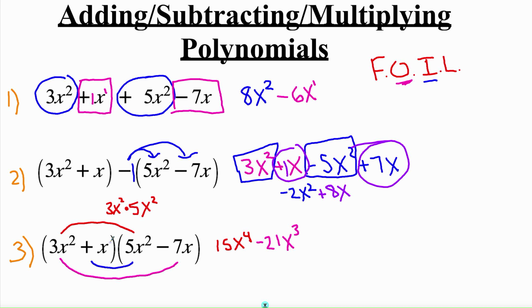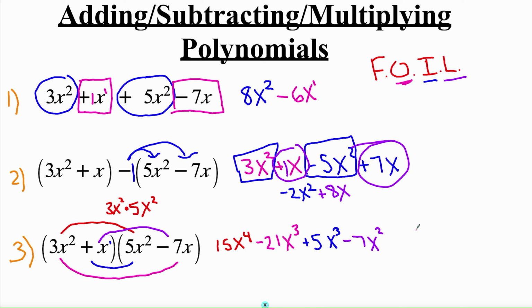So remember that's x to the 1. So I get x times 5x squared. So that would give me plus, they're both positive, 5x cubed. And now the L for last, I'll multiply the last term in each binomial. So I get x times negative 7x, which gives me negative 7x squared.